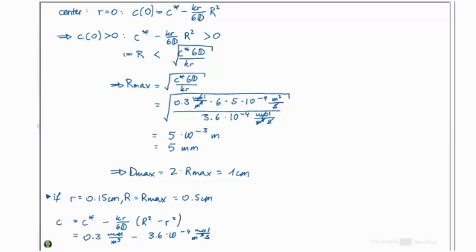So we fill in all of these values just like before. Remember to put that into meters, even though the values were given in centimeters. Now remember to check all of your units. You should end up with moles per cubic meter. So you can see the final answer is 0.027 moles per cubic meter.